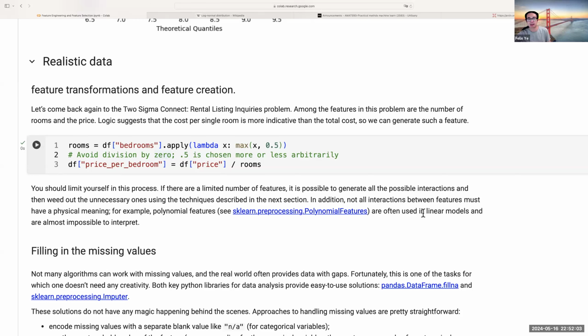It doesn't seem like it has any kind of physical meaning, but sometimes you can try it. What you can do is use the scikit-learn preprocessing polynomial features function to create all sorts of different features. But this could be quite difficult. Sometimes you don't know how to interpret that.